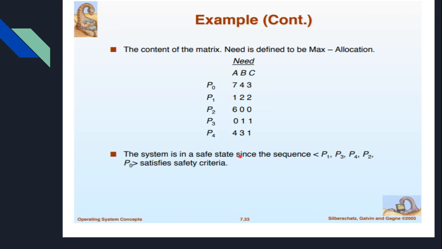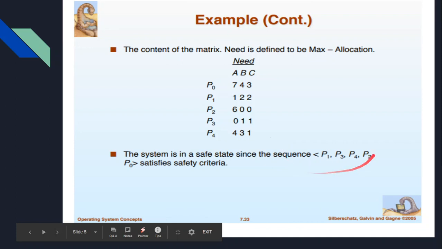A safe state means every process can be processed in some order such that every process can acquire the maximum of the resources it needs. That sequence is called a safe sequence. Here, even though the processes are P0 to P4, the safe sequence is P1, P3, P4, P2 and P0.